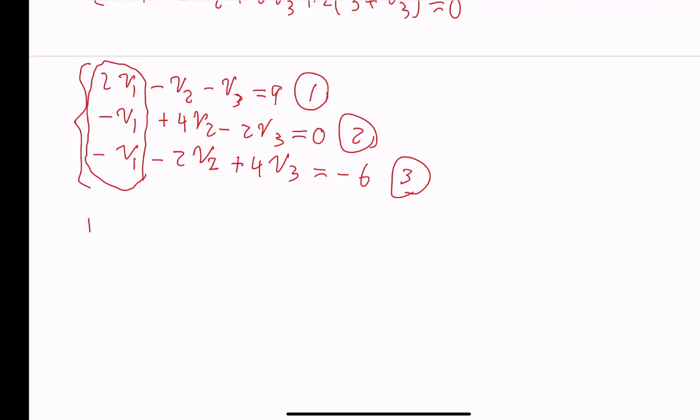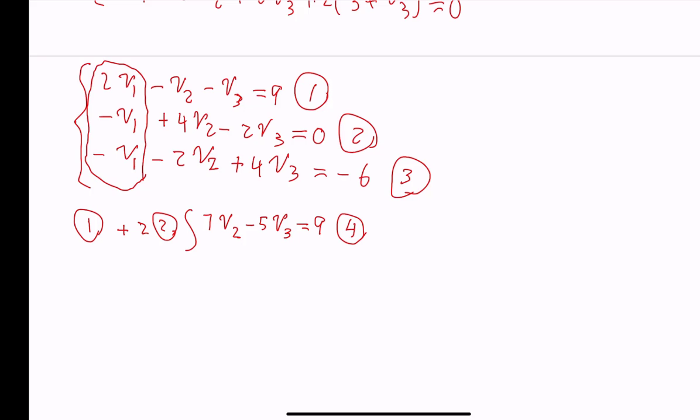So equation 1 plus 2 times equation 2 gives us 7v2 minus 5v3 equal to 9. Let's call this equation 4.